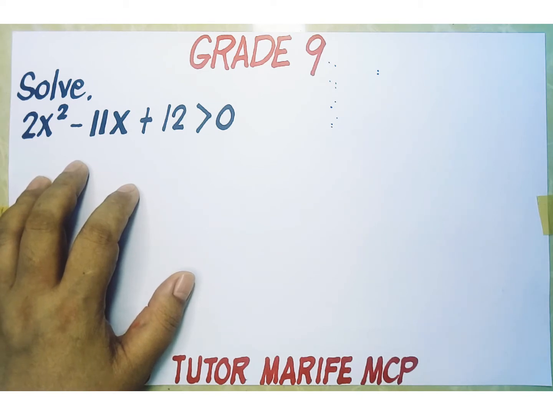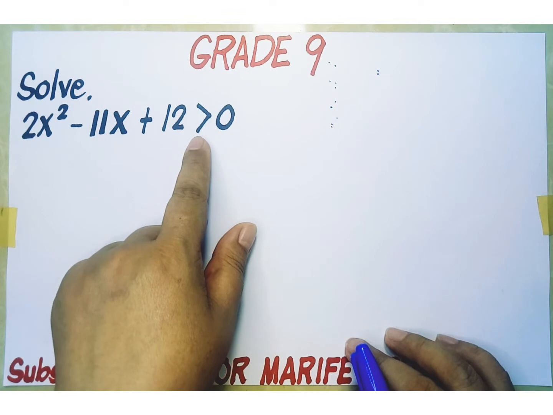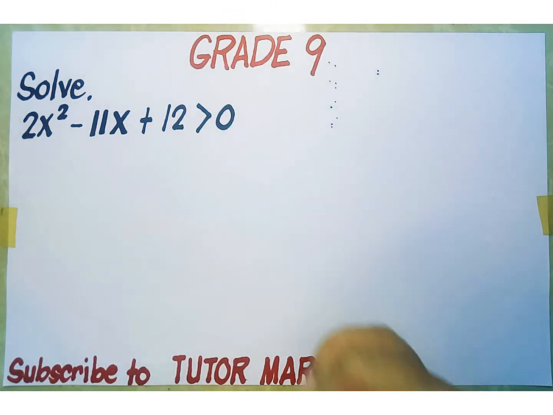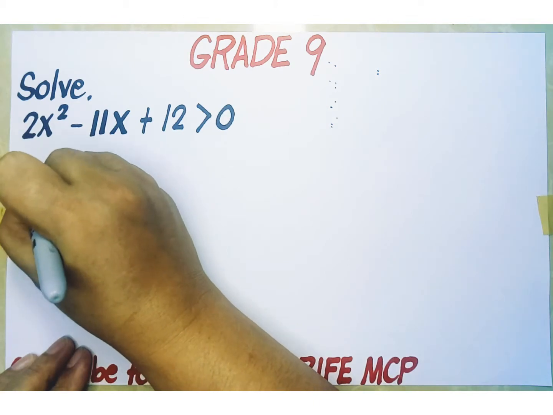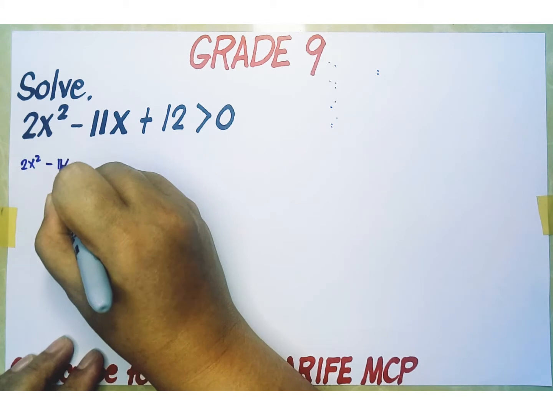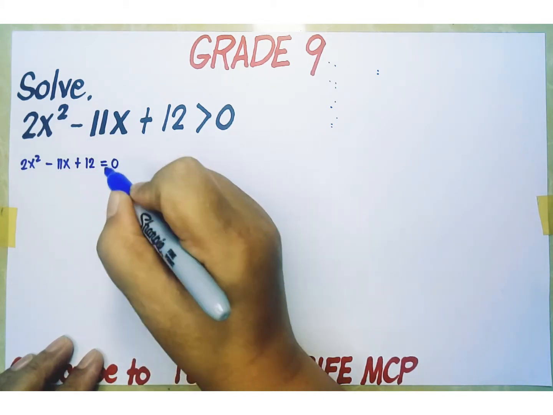Okay? So, the first step is to turn the problem into a quadratic equation. So, we change the symbol into equal sign. So we have 2x squared minus 11x plus 12 equals 0.